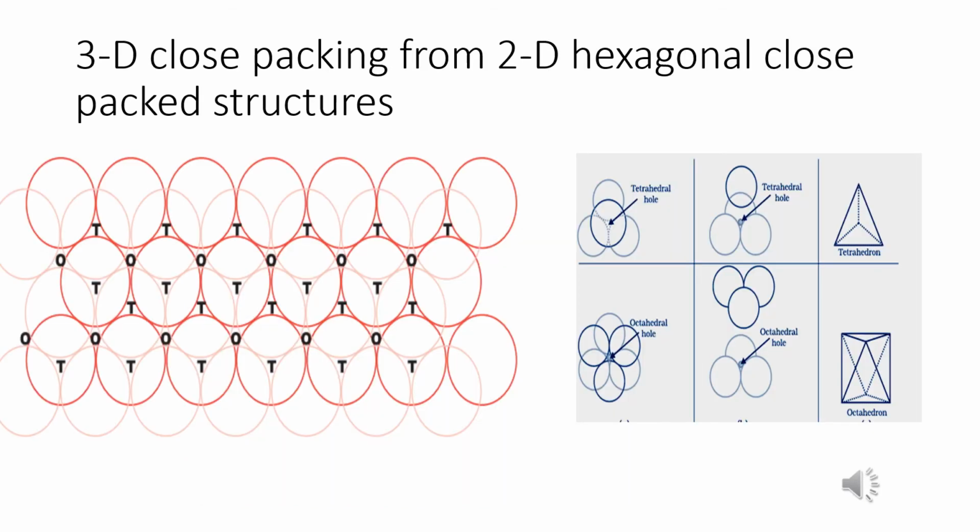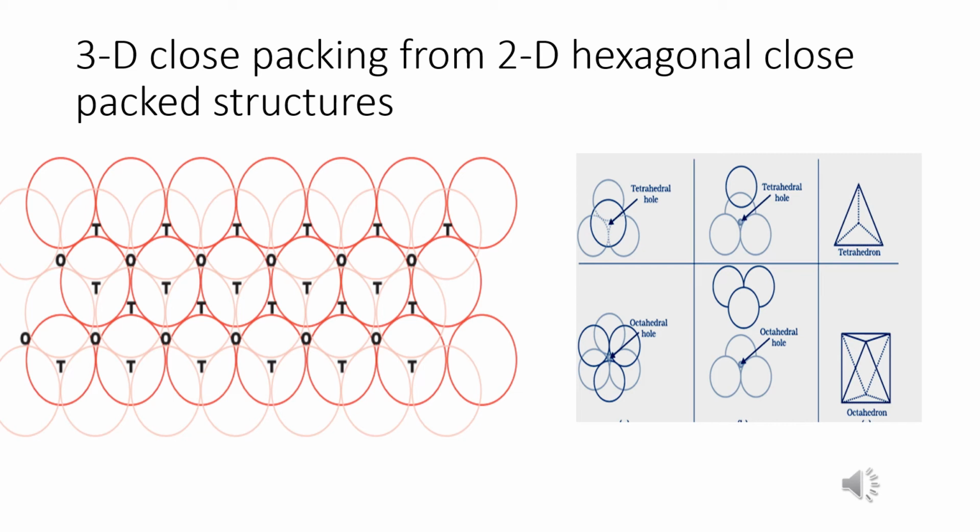We see three-dimensional close packing from two-dimensional hexagonal close packed structures. Let us take a two-dimensional hexagonal close packed layer. Place a similar layer above it, that is, the spheres of the second layer are placed in the depressions of the first layer.